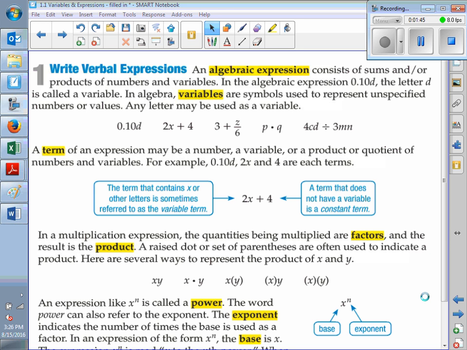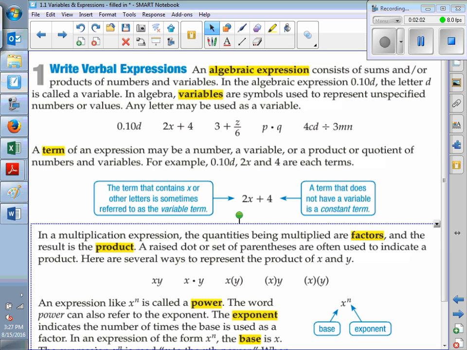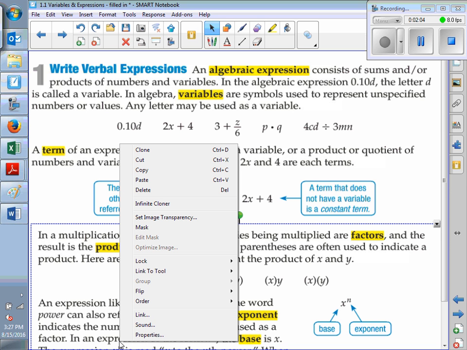So here are examples of algebraic expressions. Now you'll notice here for multiplication, when you put the numbers right next to each other, that means multiplied. Here, when you use the raised dot between the two terms, that's also multiplication.